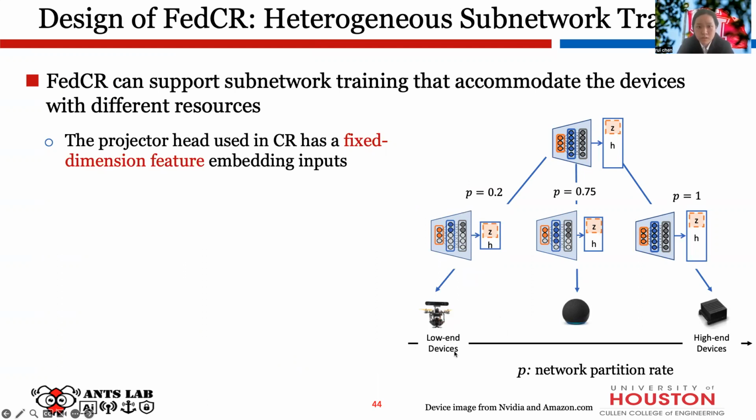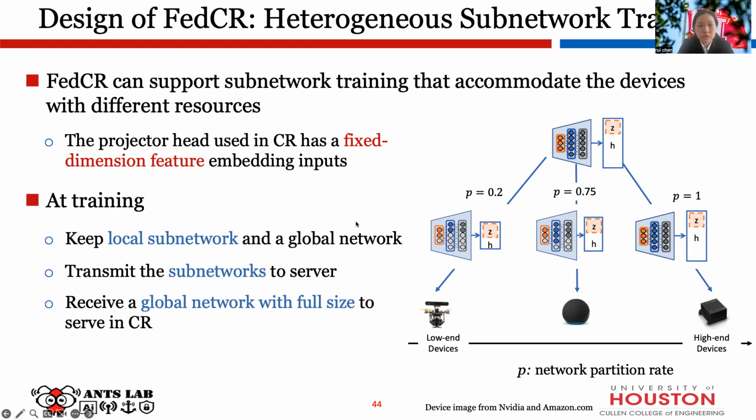For example, a low-end device can choose a small network partition rate to select a subspace of the network architecture to fit into their memory or computing requirements. So during the training stage, the client only needs to keep a local subnetwork and further reduce the memory consumption.